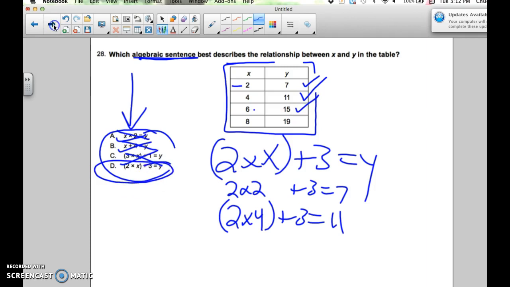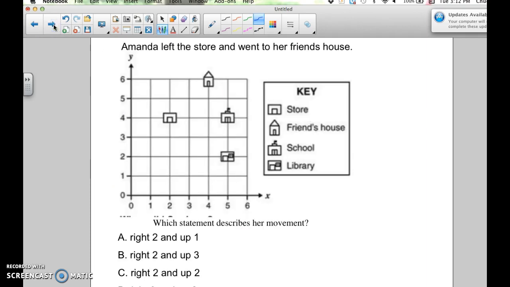All right. See if we can get a couple more of these in. Amanda left the store and went to her friend's house. Which statement describes her movement? All right. So, Jake, if I go right 2, 1, 2, and up 1, have I made it to her friend's house?